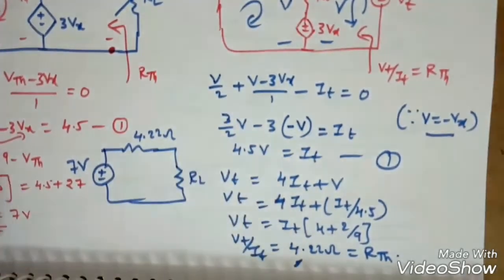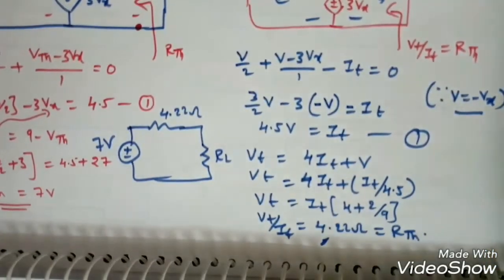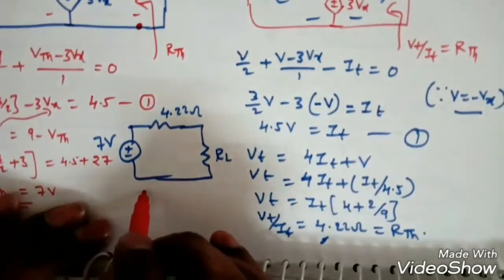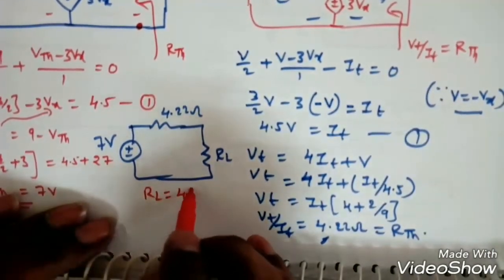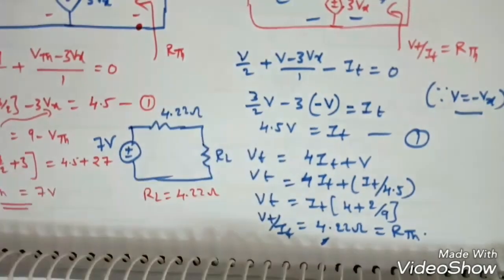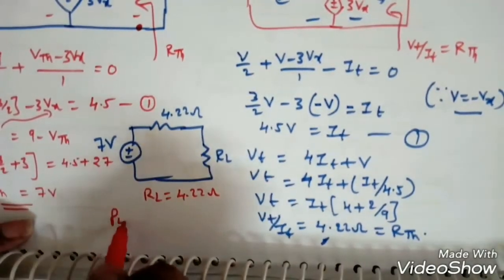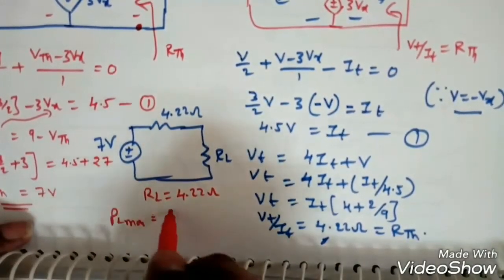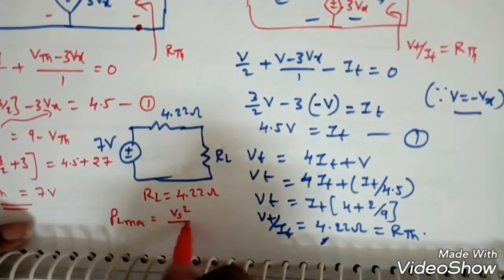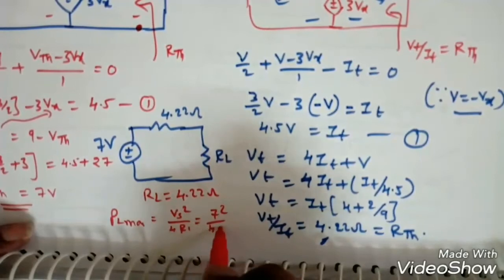Now we know what the maximum power theorem tells. If RL is equal to RS, that is 4.22 ohms, then it will deliver the maximum power. So what is the PL max? V square, that is Vs square by 4RL, that is 7 square by 4 into 4.22.